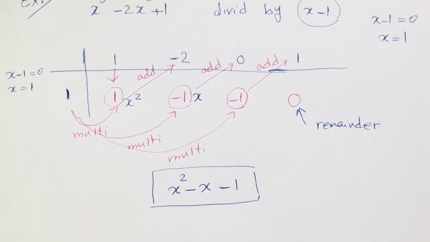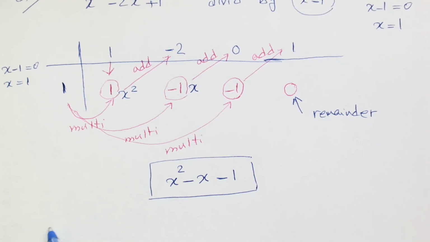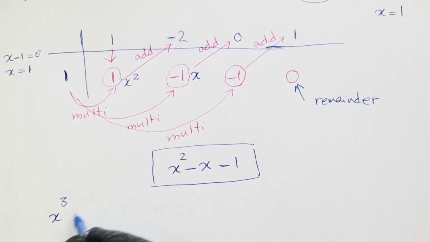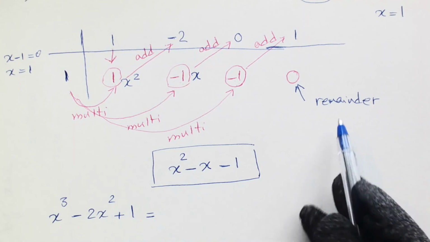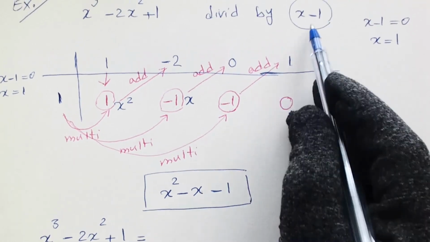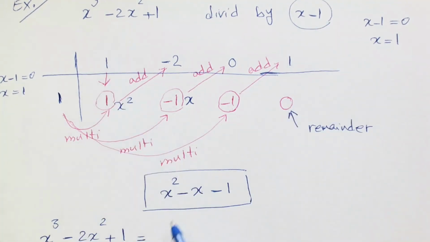So if we want to write this division in the form of x cubed minus 2x squared plus 1, because the remainder is 0, the multiplication of the quotient and divisor gives us the dividend.